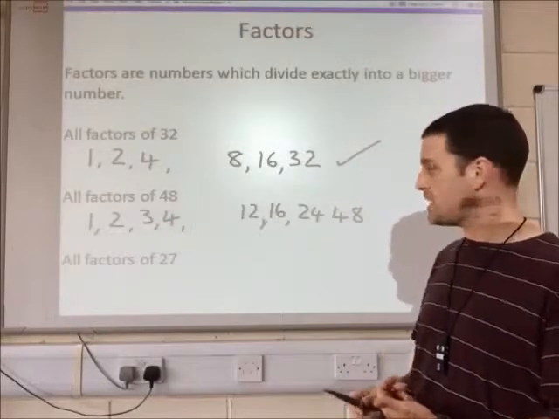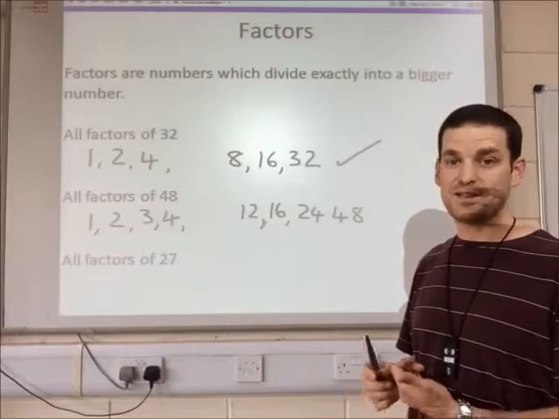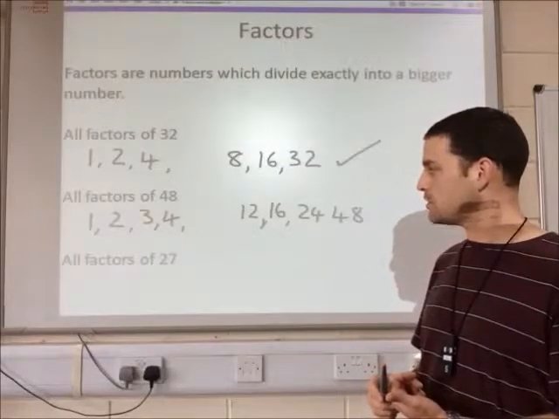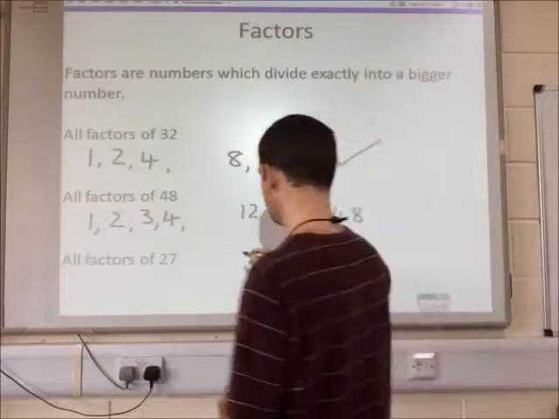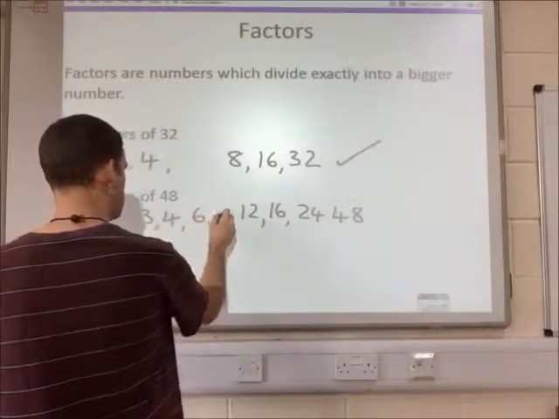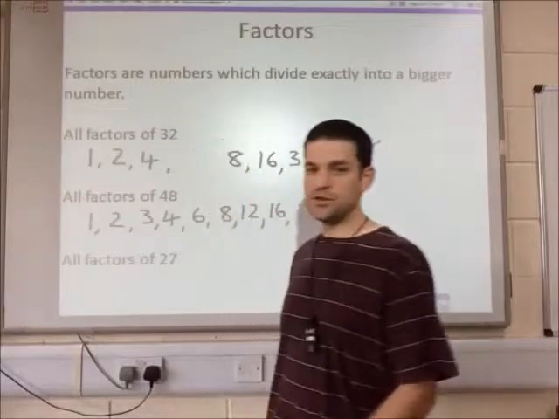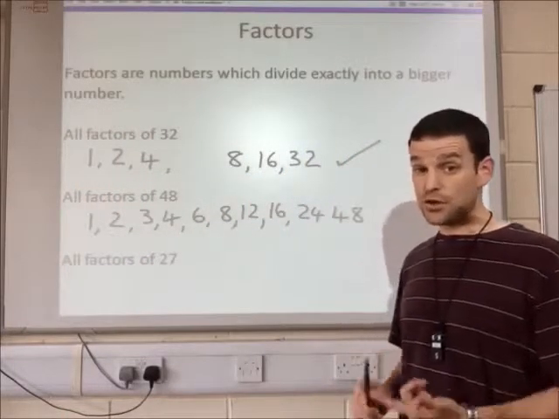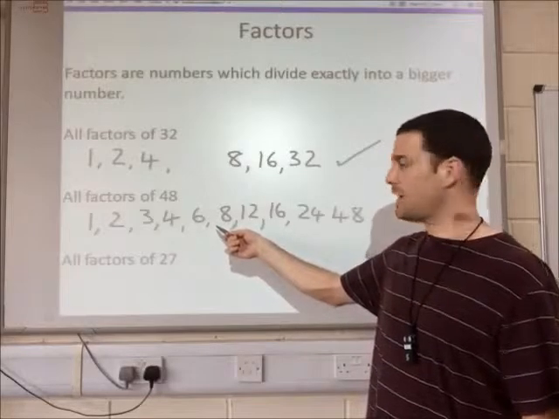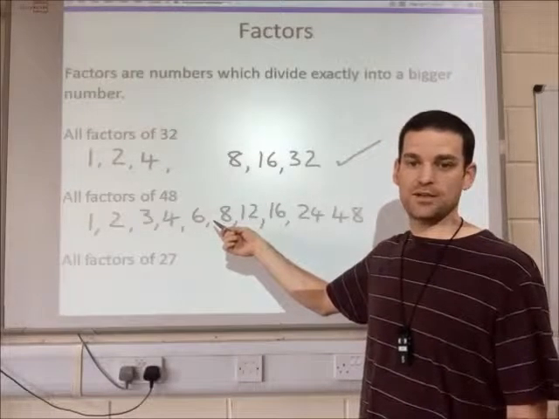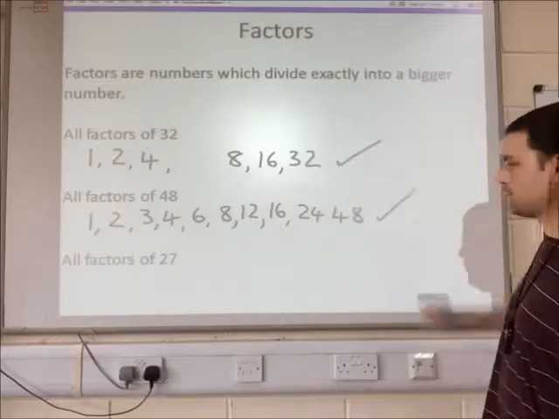If I keep going in the same way, 5 is not a factor. 5 doesn't go into 48, but 6 does. 6 8s are 48. So that gives me another pair. And then I've only got one other number that I need to check, which is 7. And 7 does not divide into 48, so that means I must have got them all.